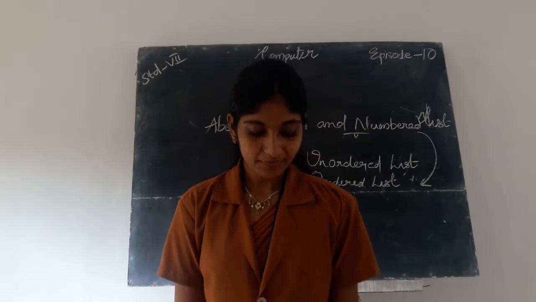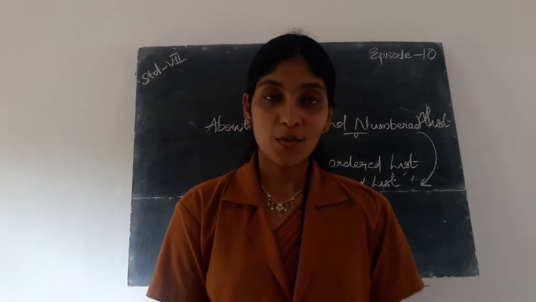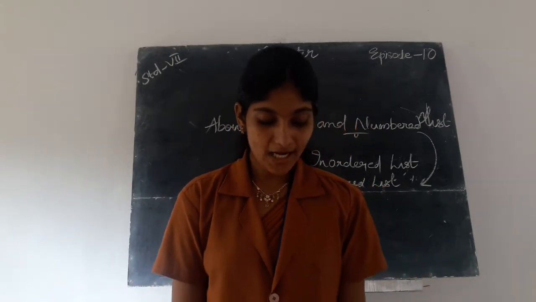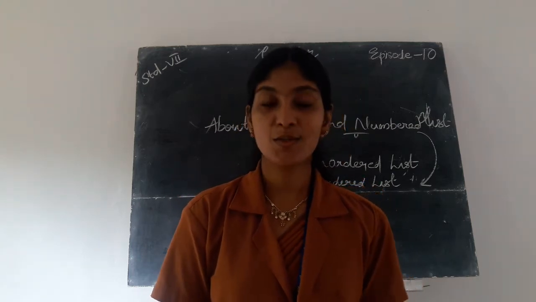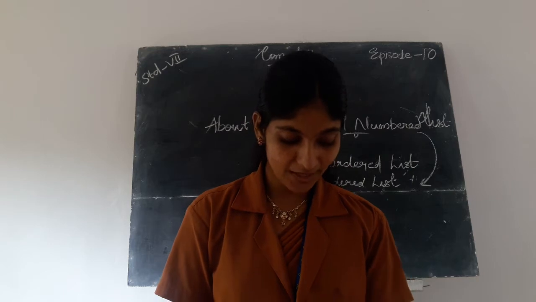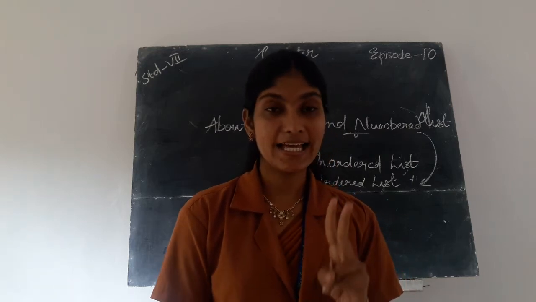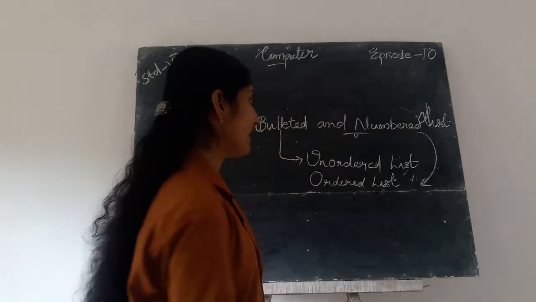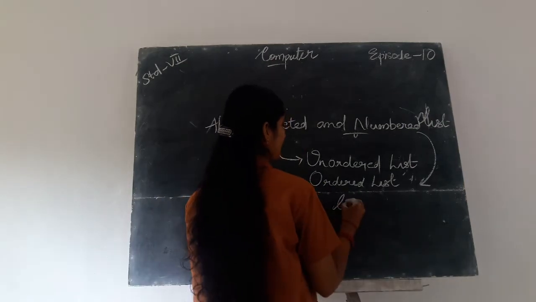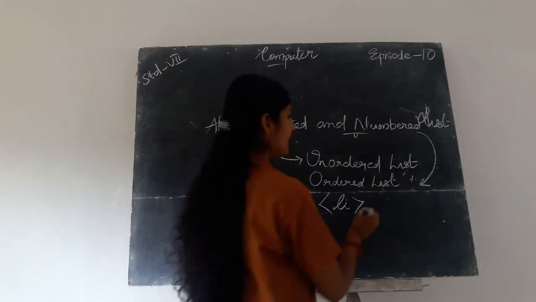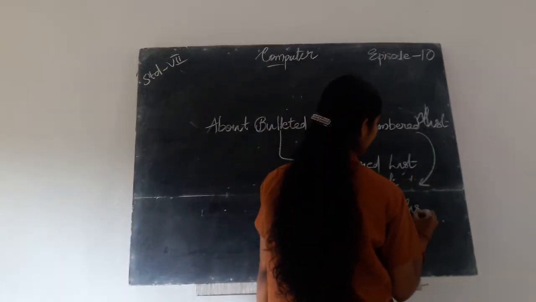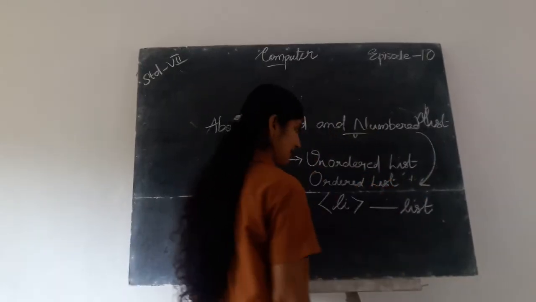Here you can easily create a numbered list or a bulleted list for your web page. So for the syntax we use the tag represented by the letters LI. LI represents what? List.